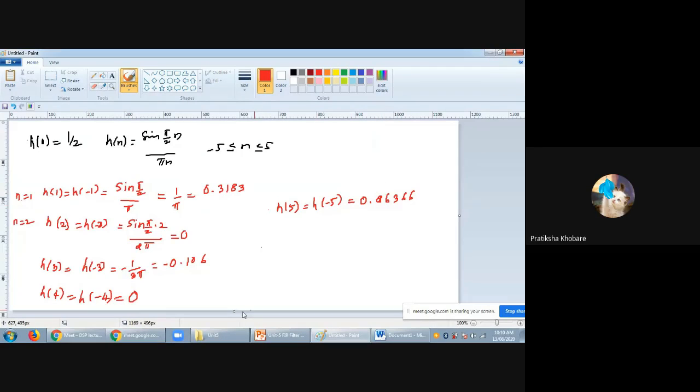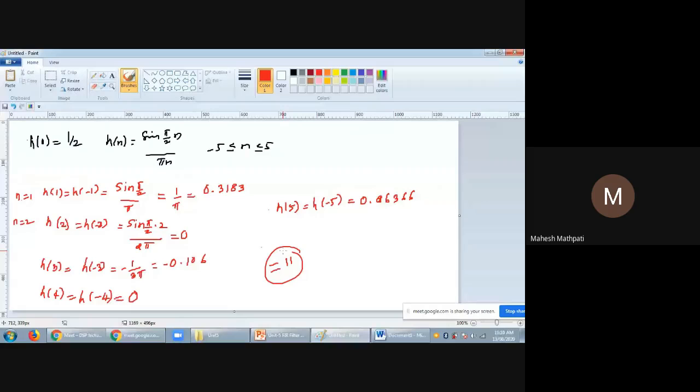How many samples have we calculated in total? 11. Because h of 1 and h of minus 1 are two samples, likewise 10 plus 1, in total we have calculated 11 sample values. So this is our third step. Any confusion here? No, sir.